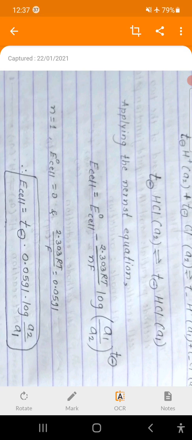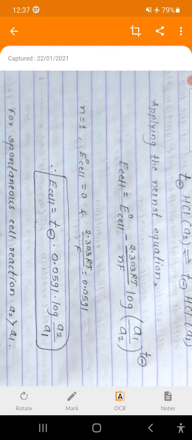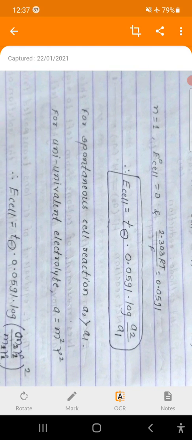We know that n is 1, E standard cell is 0, and 2.303 RT upon F is 0.0591. By considering all these terms, the above equation becomes E cell is equal to t minus into 0.0591 into log of A2 upon A1.